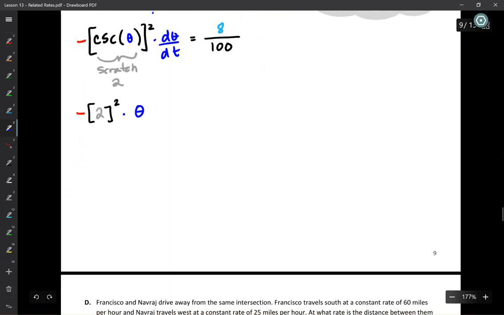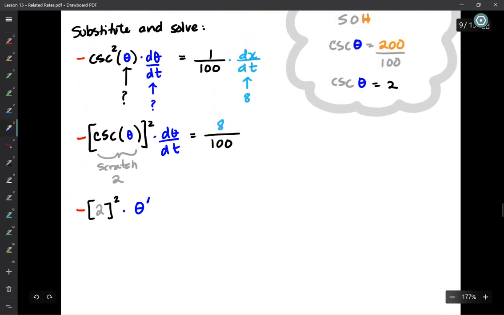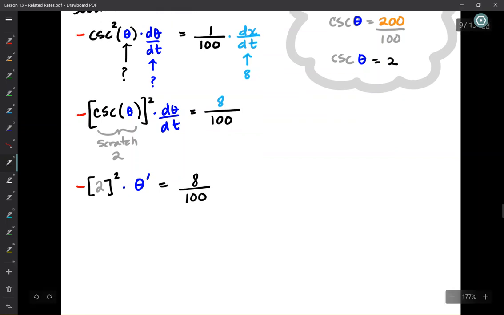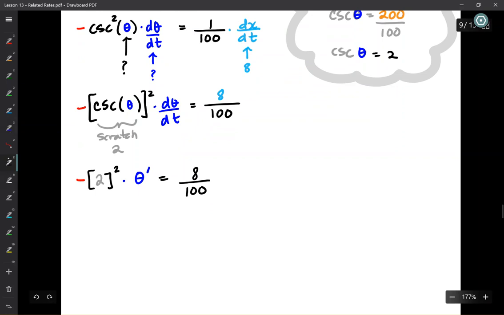I think just judging by my space, I'm going to use theta prime, is equal to 8 out of 100. We can simplify that fraction, but minus 4 times the thing that I'm looking for is equal to 8 out of 100.